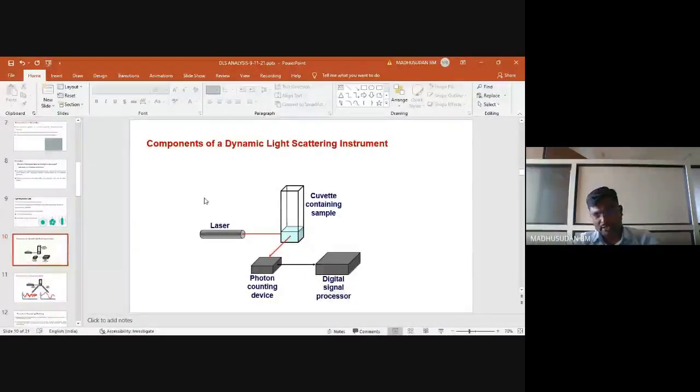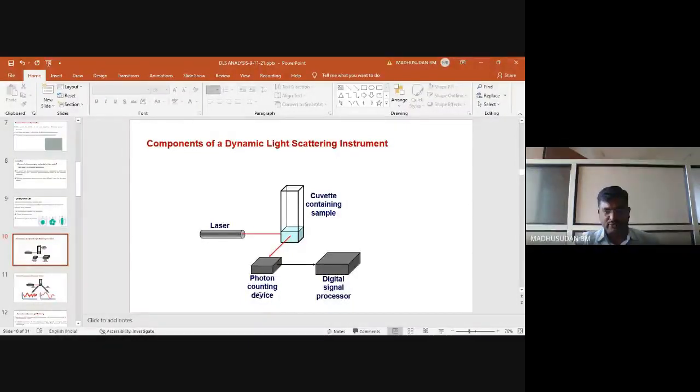In this slide, these are some of the components. This DLS technique consists of a laser source and a glass chamber containing the particles suspended in some sort of solution.